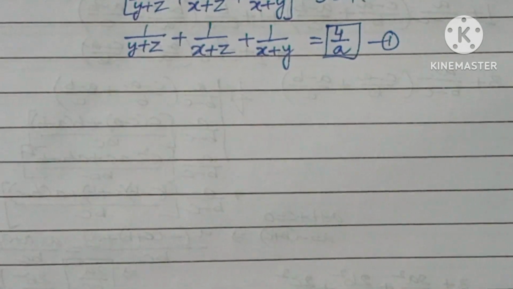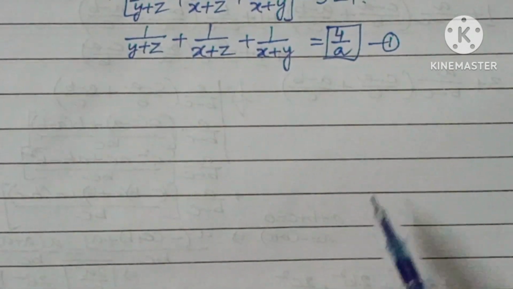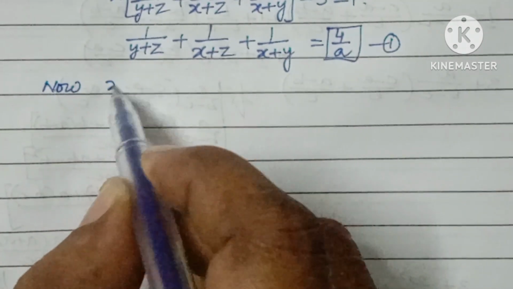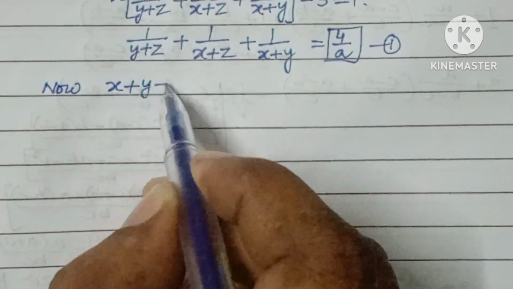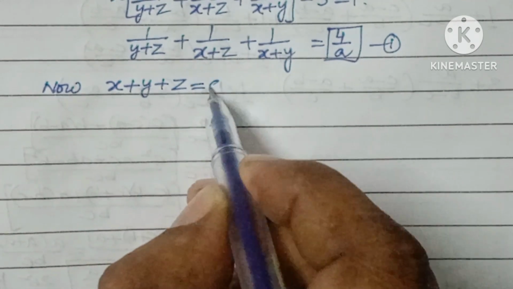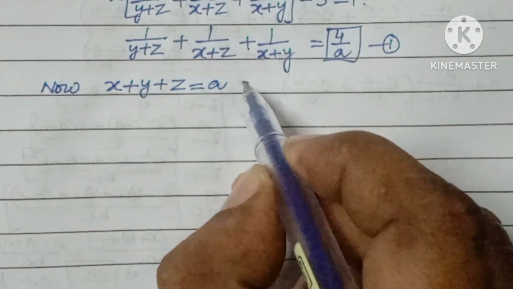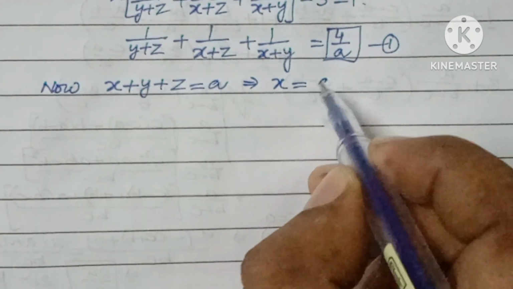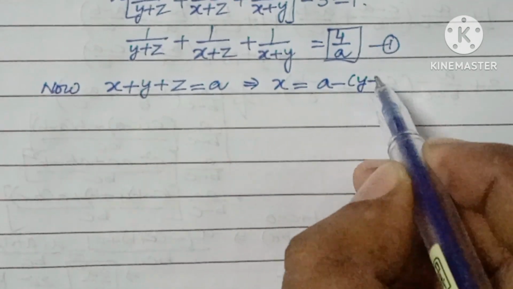Okay, now we have taken x plus y plus z is equal to a. From this you can write x is equal to a minus of y plus z.